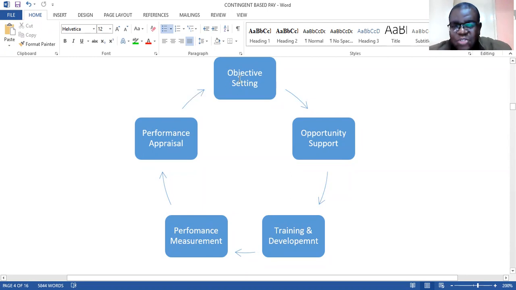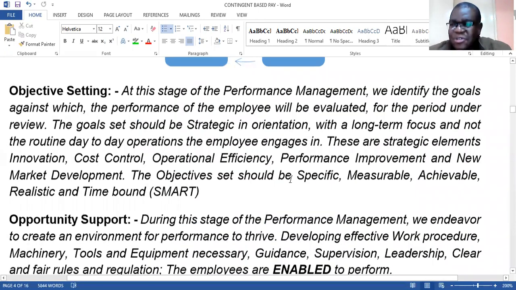You want to look at objective setting, opportunity support, training and development, performance measurement, and performance appraisal. On the basis of this framework, then you will roll out performance-related pay.